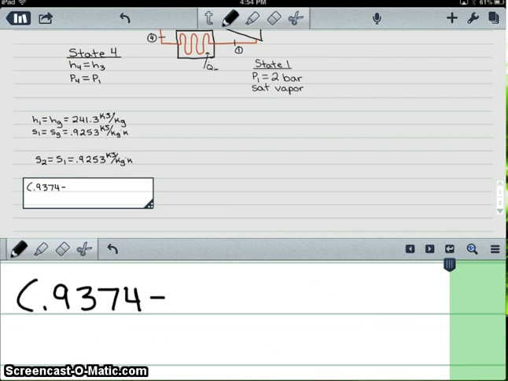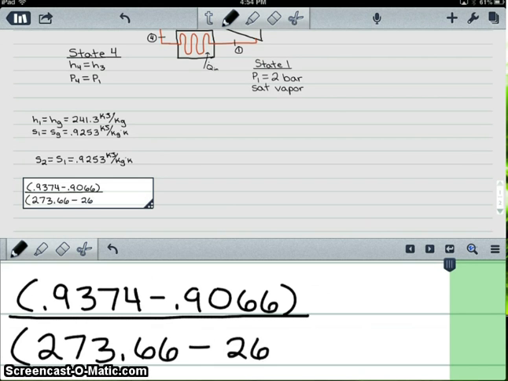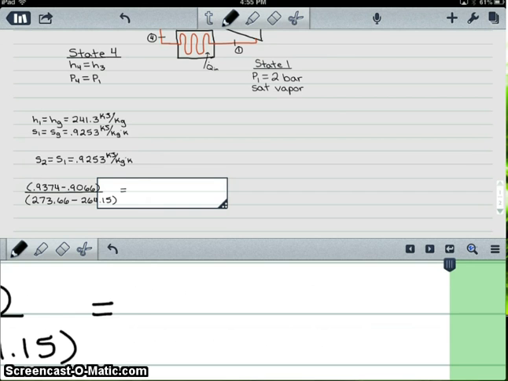Divided by 4.5, roll across to equal, and we input what we have as our isentropic value.